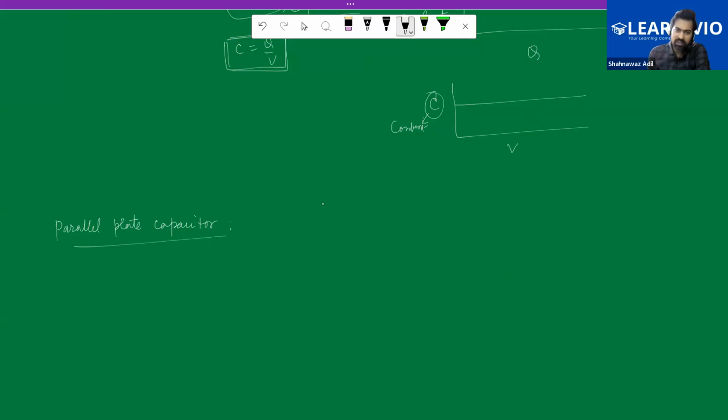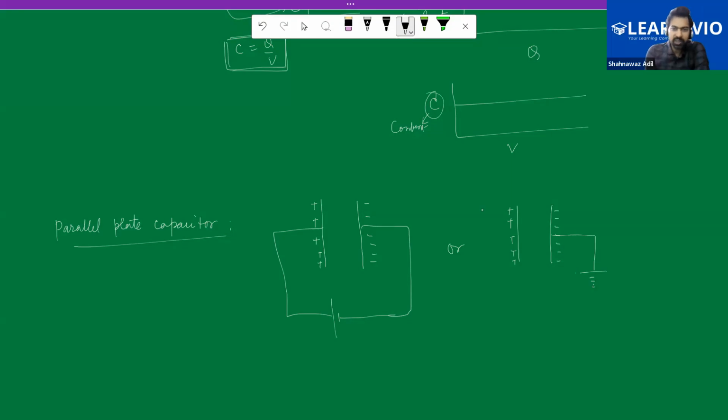This is represented by two parallel lines, and this is how it is denoted. Or we can denote it by this also. So this is positive, and this is negative, and this is earthing.